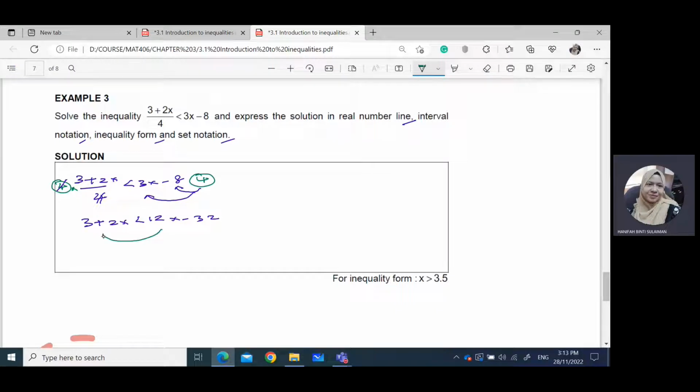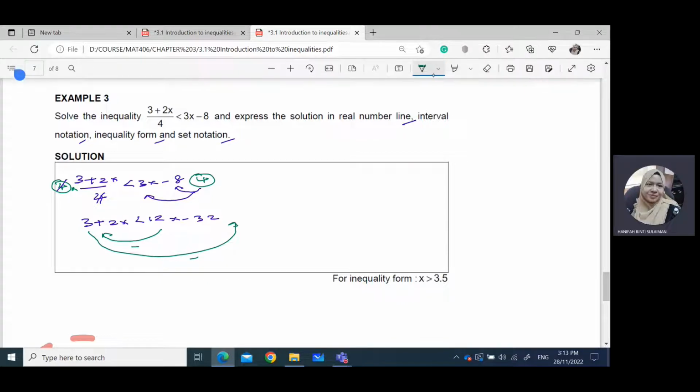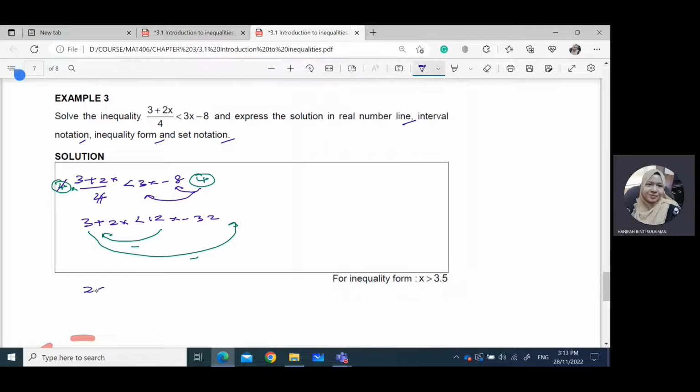12x, we bring to the other side. Then kita akan dapat negative 12x. Dan juga 3 ni kita bawa dia ke sebelah, dia akan jadi negatif juga. Okay, so now we have 2x minus 12x, less than negative 32 minus 3.